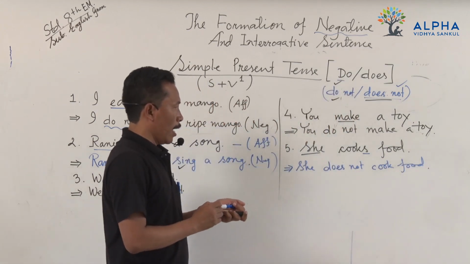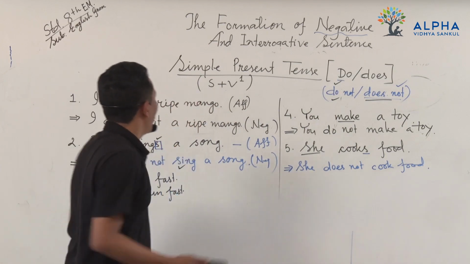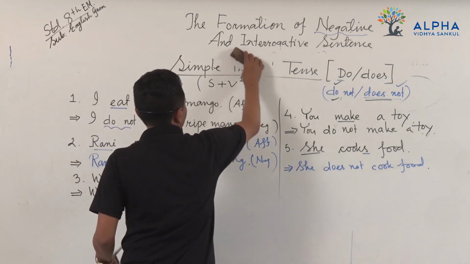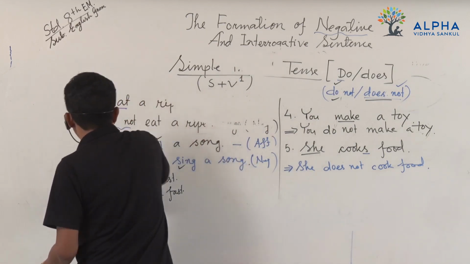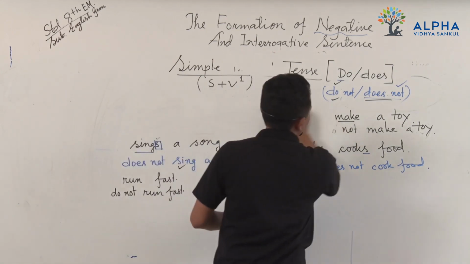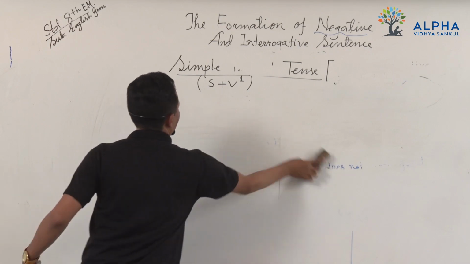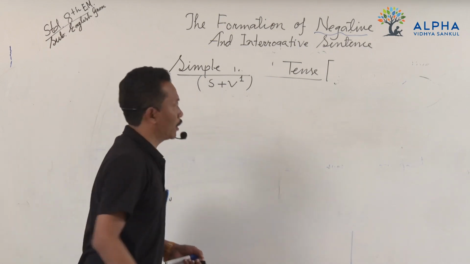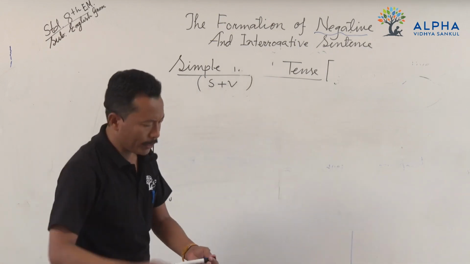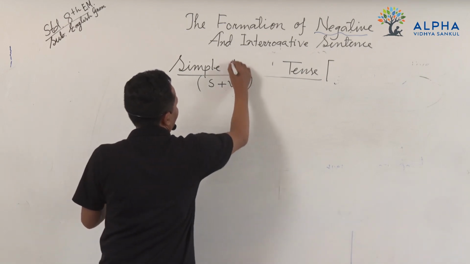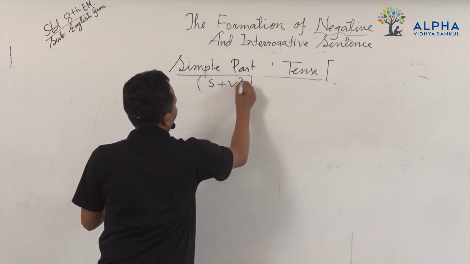Here. Then, for the simple present tense, now I'll show you the simple past tense. How to make this past tense? The rule is here, simple past, V2.